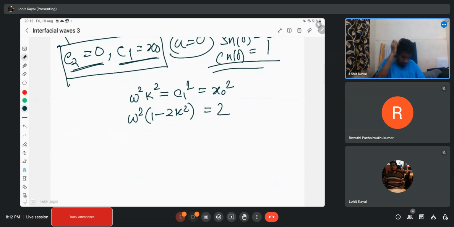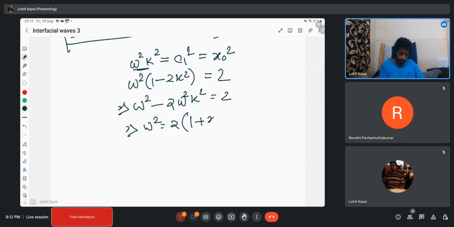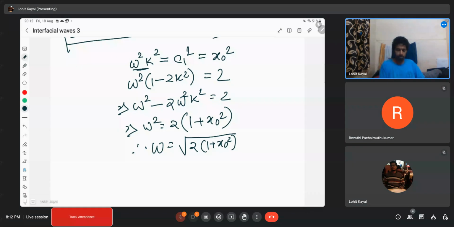So I can use this expression here, that is ω² minus 2ω² k² equal to 2. This implies ω² equal to 2 into (1 plus x naught square). So ω equal to square root of 2(1 plus x naught square).